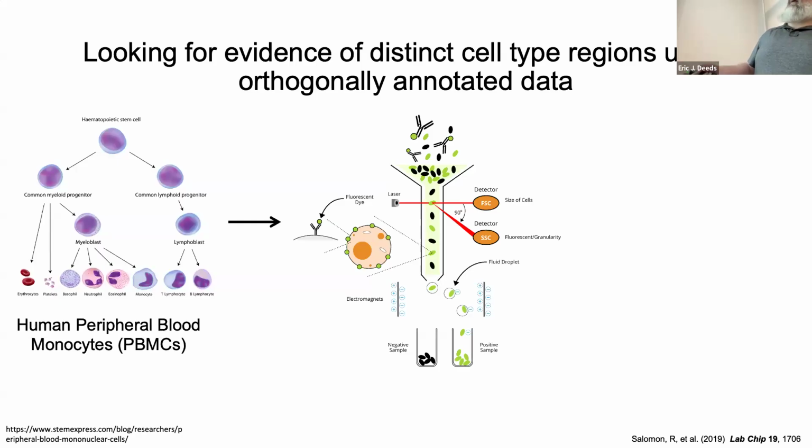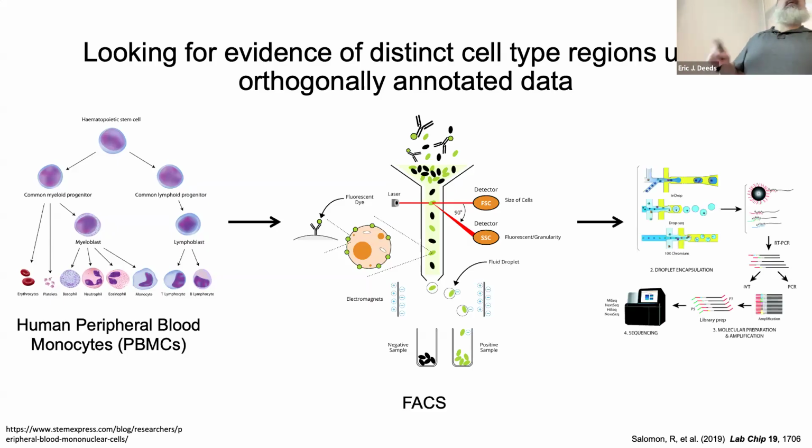What they did in this particular experiment is they took peripheral blood mononuclear cells from humans, these are just white blood cells, and then used a traditional process called fluorescence-activated cell sorting, where you label certain cell surface markers on these cells using fluorescent antibodies, and then you can use the fact that B cells have certain markers that they express, T cells, et cetera, to sort them into different tubes, and then they sequenced those tubes independently. So we have single cell data for pure B cells, pure NK cells, et cetera.